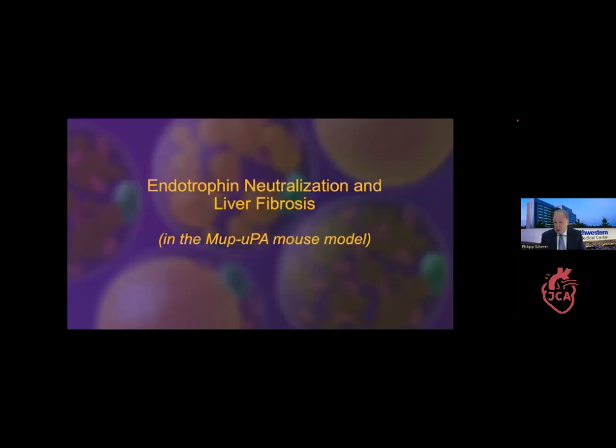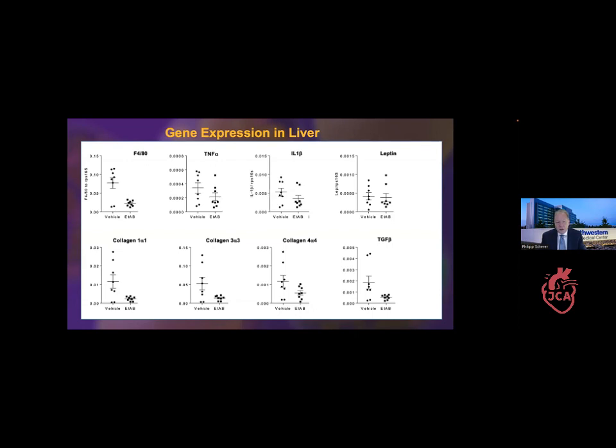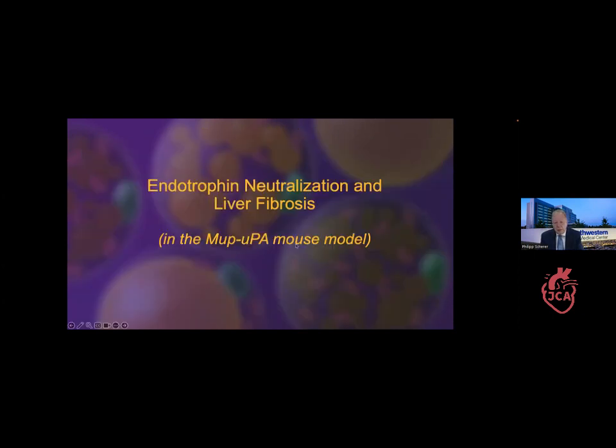But we are not restricted to cancer and the oncology space with this one. We really appreciate that this is relevant for any fibrotic disease within the system. Liver fibrosis, of course, is the focus of a lot of studies. We use a preclinical model of liver fibrosis, an ER stress model we call the MUP-uPA mouse, which Michael Karin popularized at UCSD.